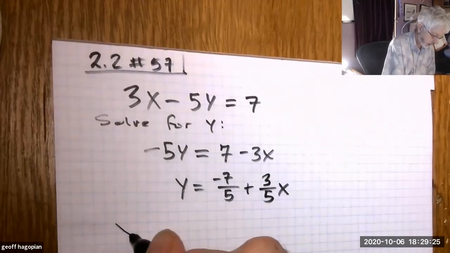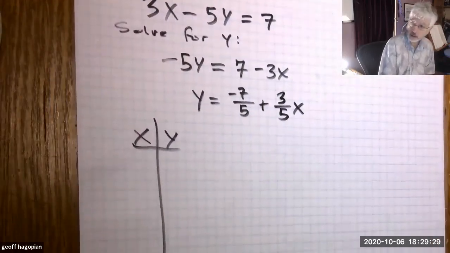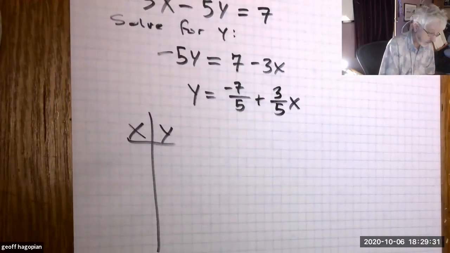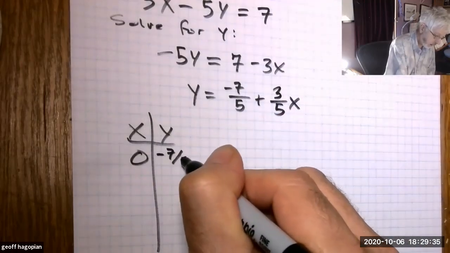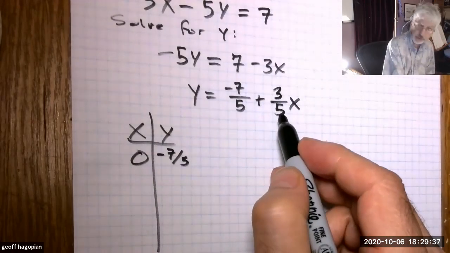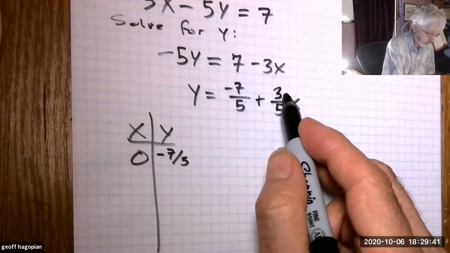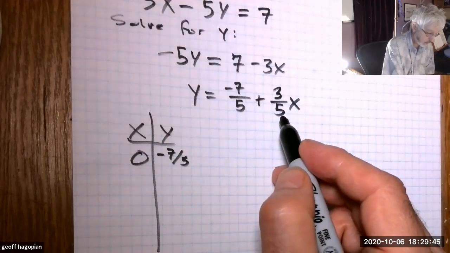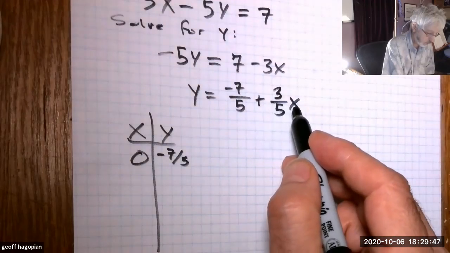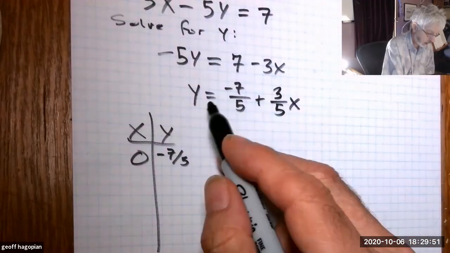So we can make a table of values for this, right? So we could say, yeah, we start at negative 7/5, and then we follow a slope of 3/5, right? So the rate of change in output per change in input is 3 to 5. All right, so for every increase of 1 in x, we have an increase of 3/5 in y.